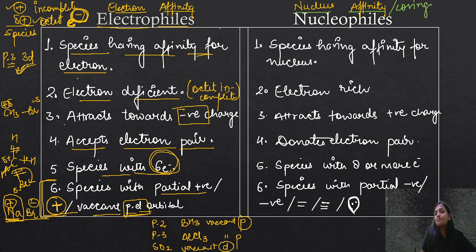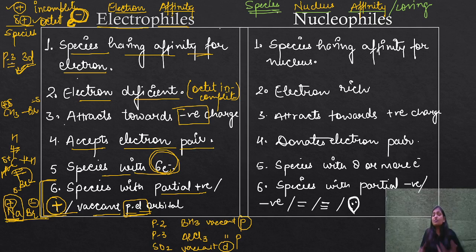Now tell me, what are those species that say, oh, I want to love the nucleus, I want to go to the nucleus? Such species would be those having a negative charge, because we know that the nucleus is strongly positive. The nucleus has a neutral neutron but a positively charged proton, so it has a high positive charge.